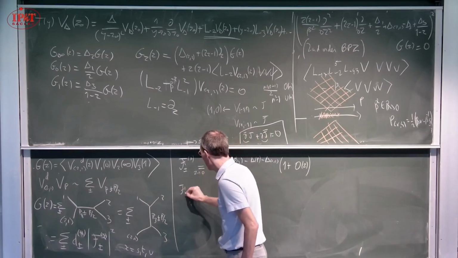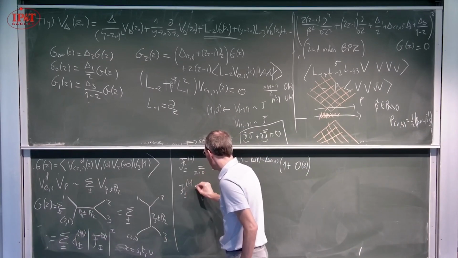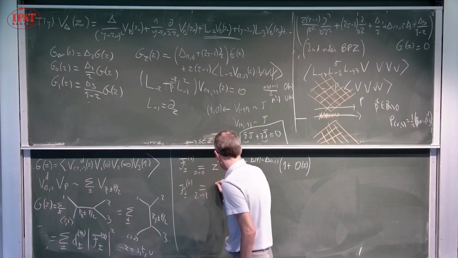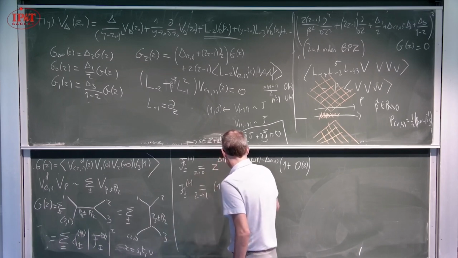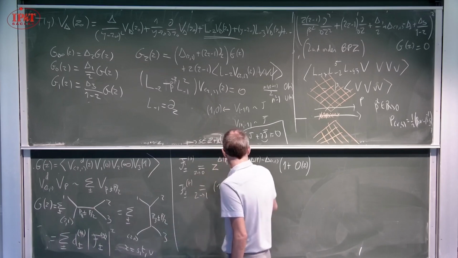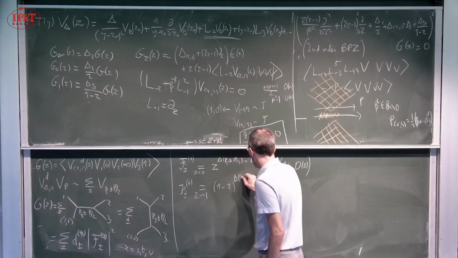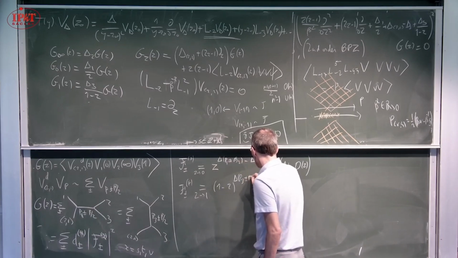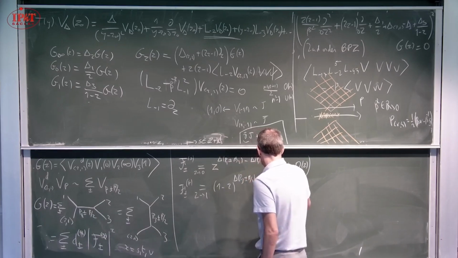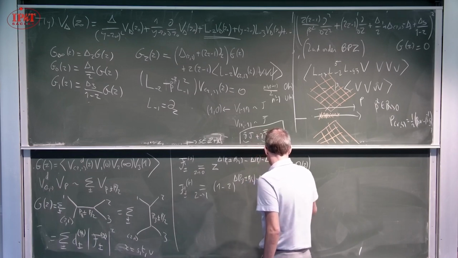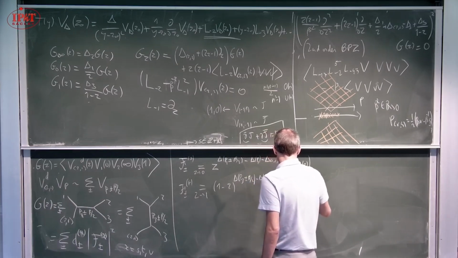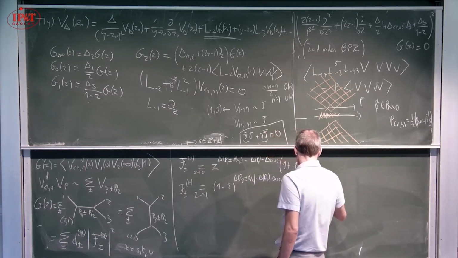And similarly, for a T-channel block, for Z goes to 1, we have 1 minus Z to the power delta of P3 plus or minus beta over 2, minus delta of P3, minus delta of V_{2,1}, times 1 plus order Z minus 1.